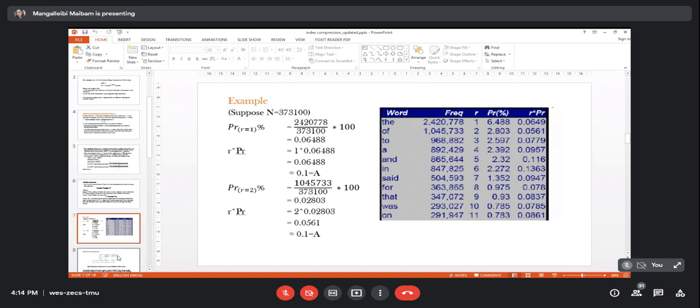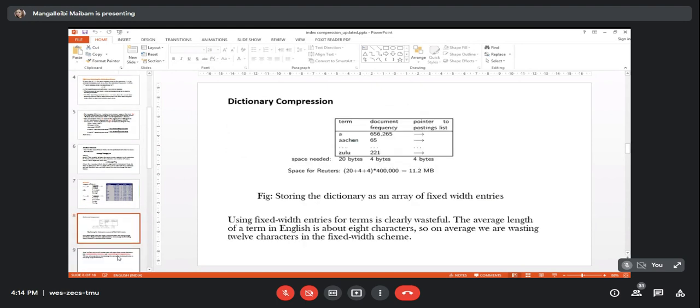Now we will see dictionary compression. Here in the figure we have some terms, some document frequency and a pointer to the posting list. For every term we need to store this in memory.